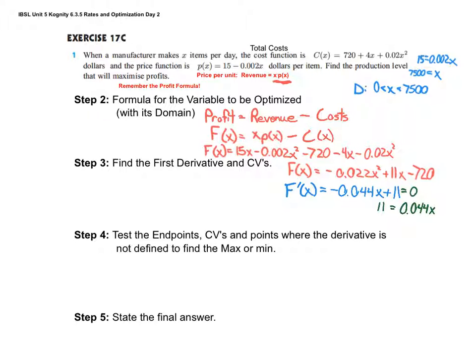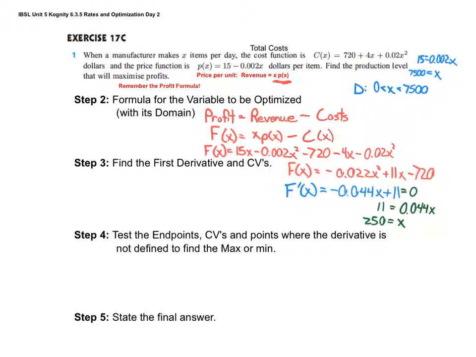If I divide, that's going to be 250. Is that right? Someone help us out. 11 divided by 0.044? Yeah, 250. Alright, good.